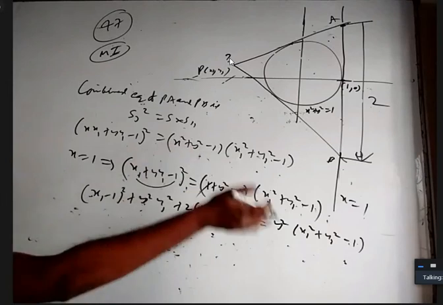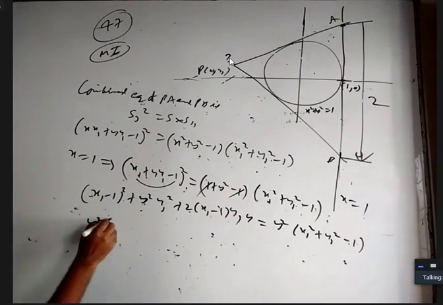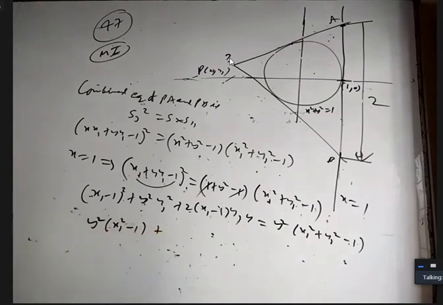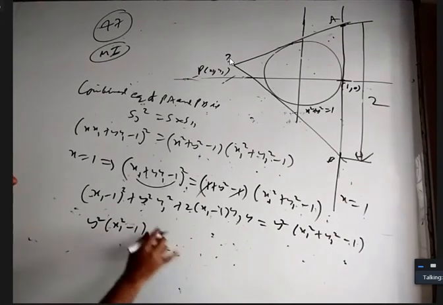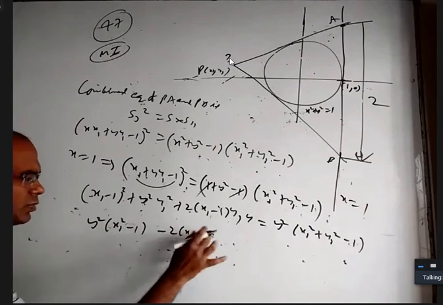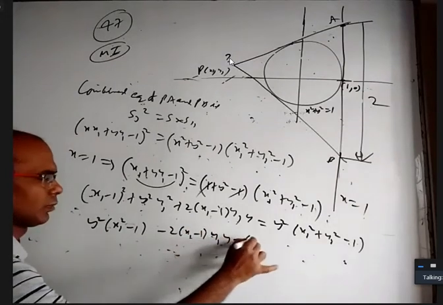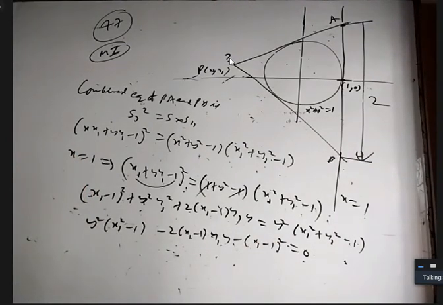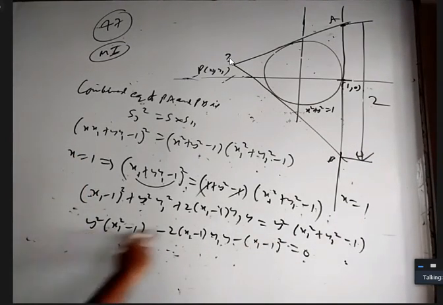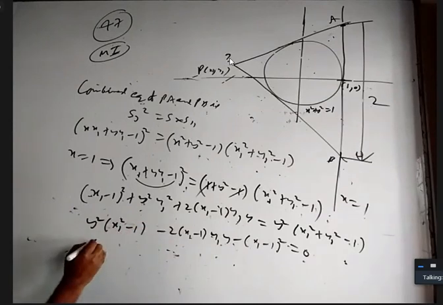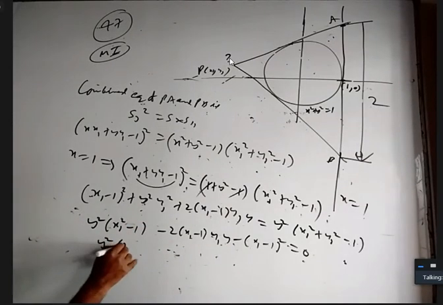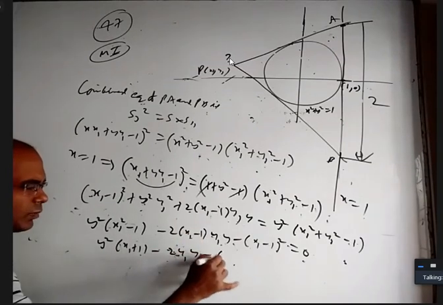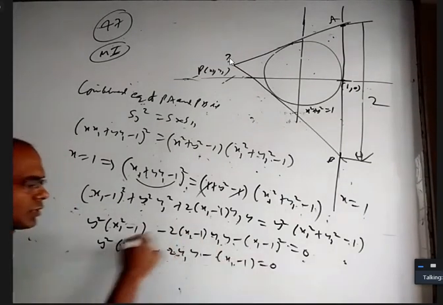You can send everything to that side. y1 square will cancel, the y square coefficient is x1 square minus 1, minus 2 into x1 minus 1 into y1 y, minus x1 minus 1 whole square equal to the constant. Luckily x1 minus 1 is common and we can forget about it. So we'll get y square into x1 plus 1, minus 2 y1 y, minus x1 minus 1 equal to 0. This is a quadratic equation in terms of y.